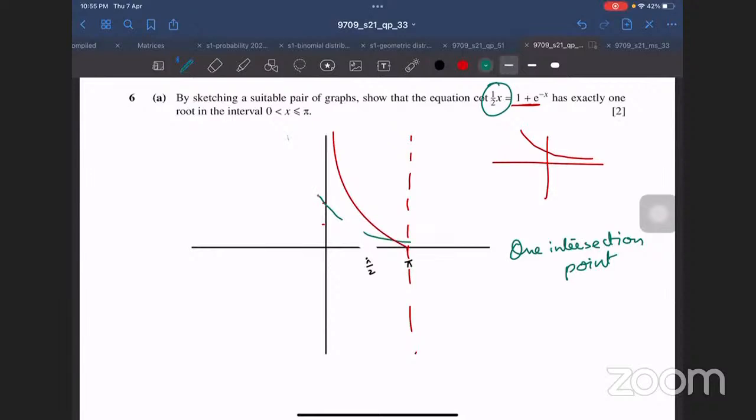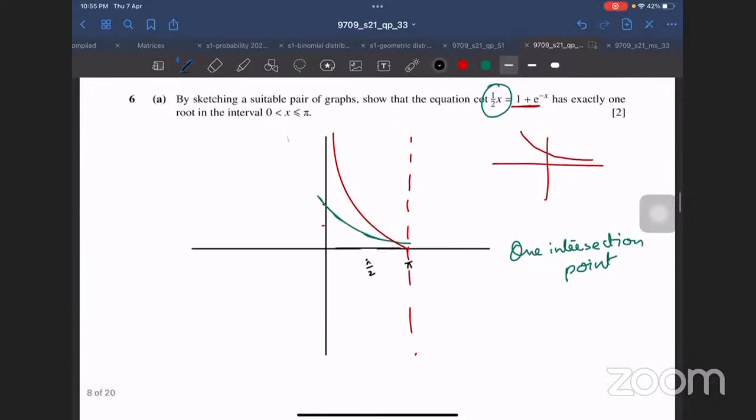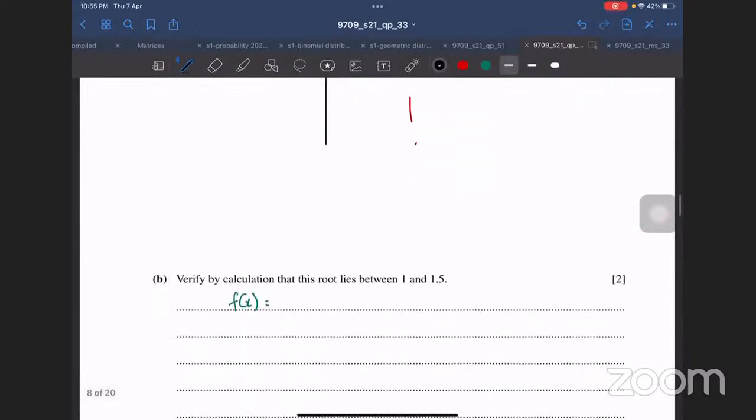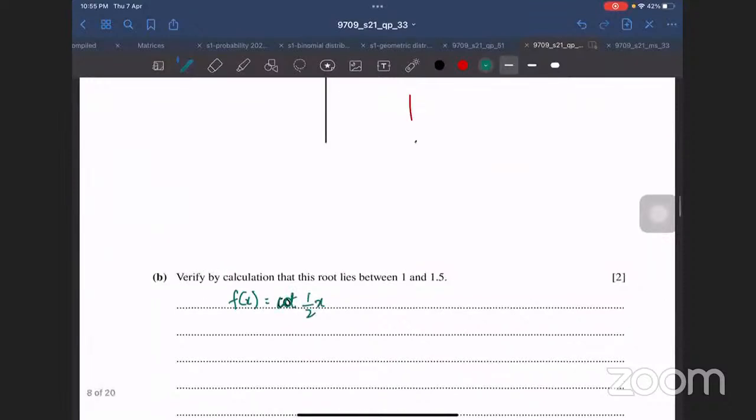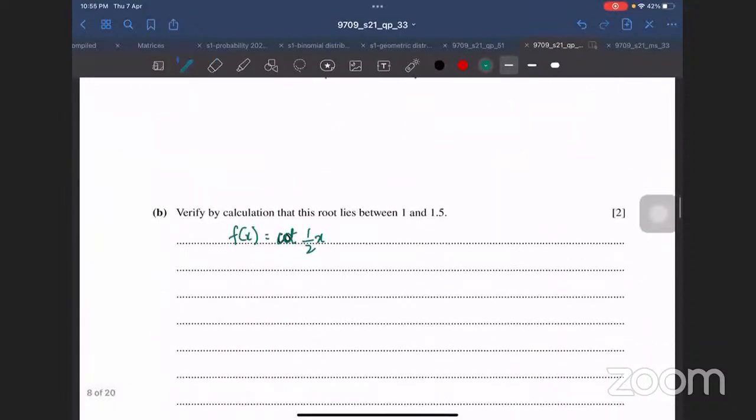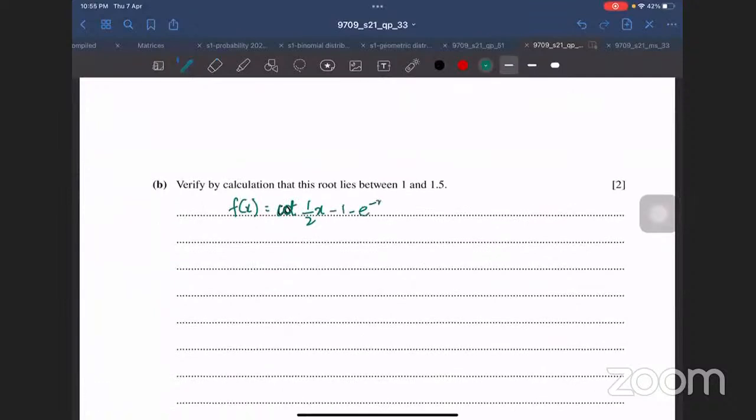And this graph is correct. Okay, half x means that it's stretched horizontally. So bringing everything on one side gives me cot half x minus 1 minus e power minus x.